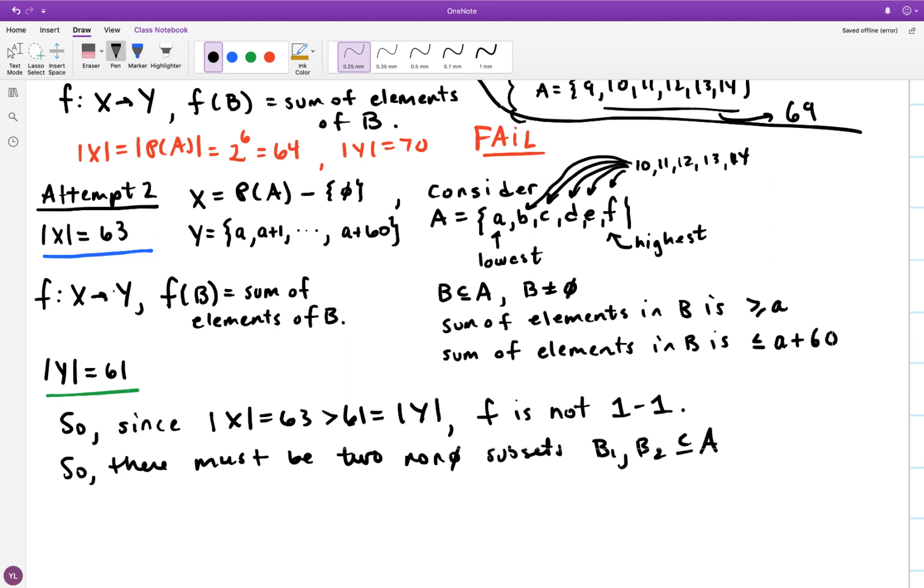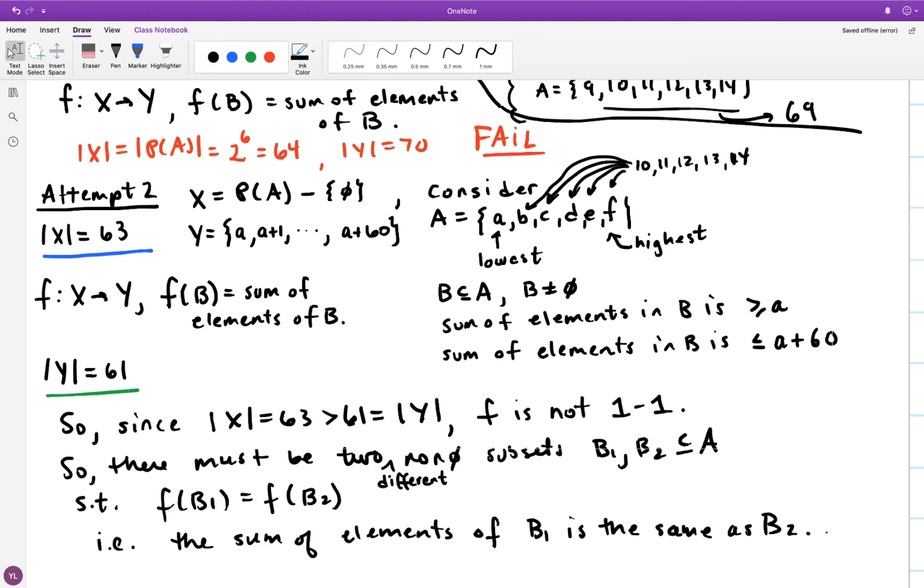So these are elements of the domain, subsets of A, such that f of B1 equals f of B2. I should say 2 different ones. And in other words, the sum of the elements of B1 is the same as the sum of the elements in B2. Okay, so there's the pigeonhole principle to give that argument.